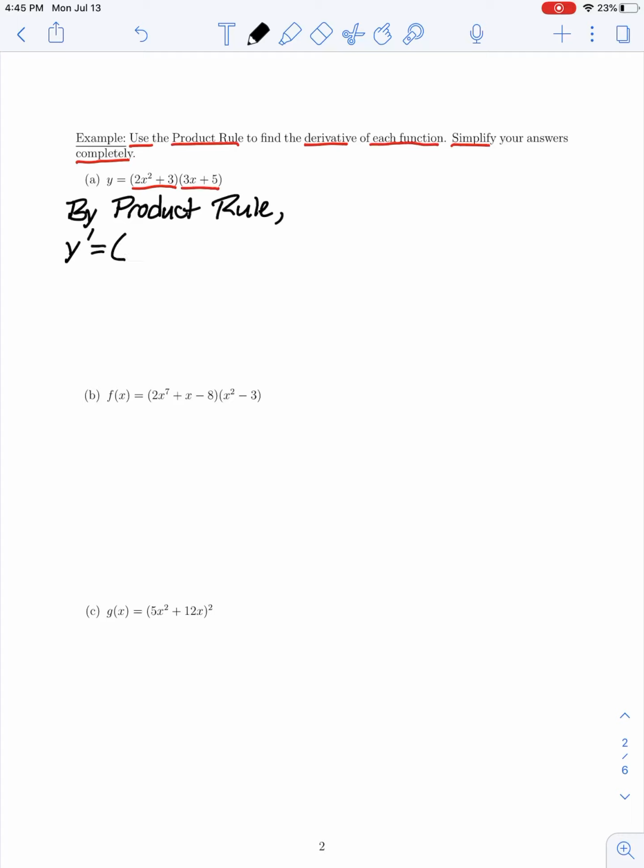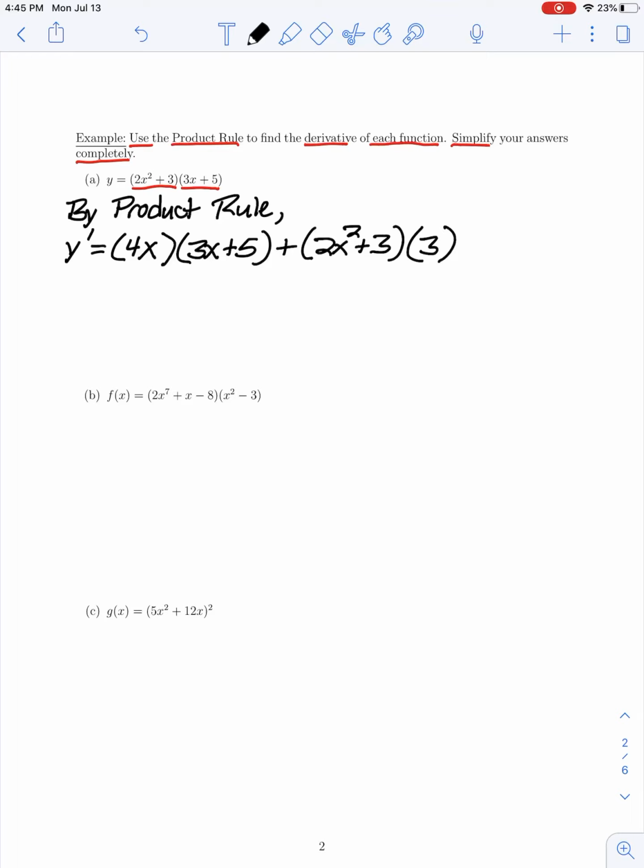So here the derivative of 2x squared is 4x, plus the derivative of 3 is 0, so we just have 4x, times the second function in our product, which was 3x plus 5. Then we add the first function in our product, which was 2x squared plus 3, and multiply by the derivative of the second function in that product. So here the derivative of 3x plus 5 is simply the slope of that linear function, which would be 3.